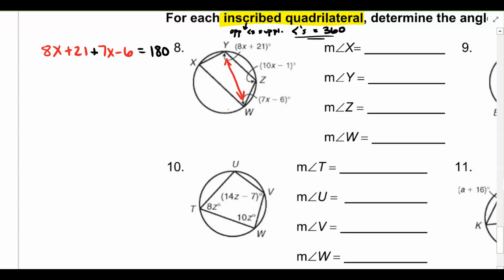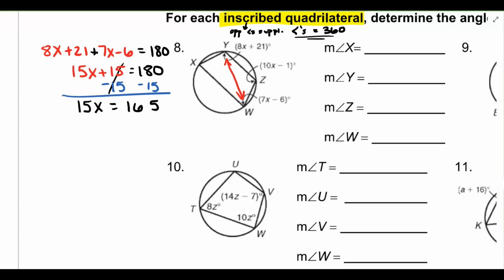So I combine like terms, I subtract 15, and then I divide by 15. Now, if I know that x equals 11, it means I can start substituting back in and I can find my angle measures. I'm going to start with angle y just because I already know something about it. So if I substitute in, I have 8 times 11 plus 21, and I get 109 degrees.